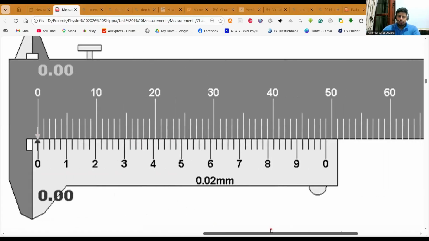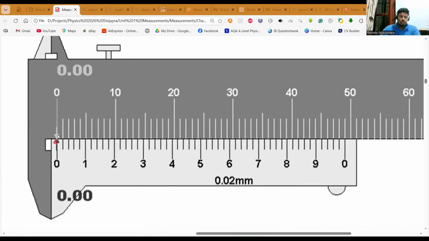The distance between 0 and the first main scale division is 1 millimeter. Then you have to find the distance between the 0th division and the first division of the vernier scale.